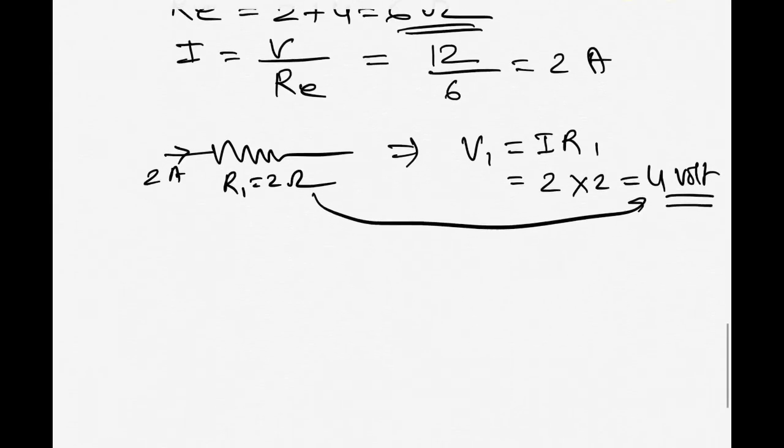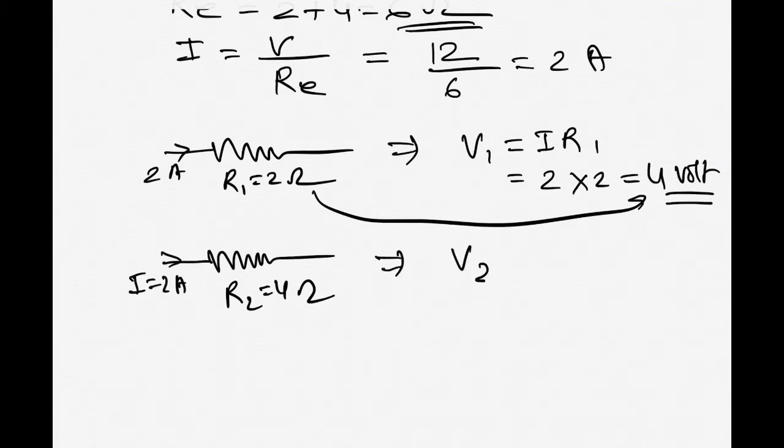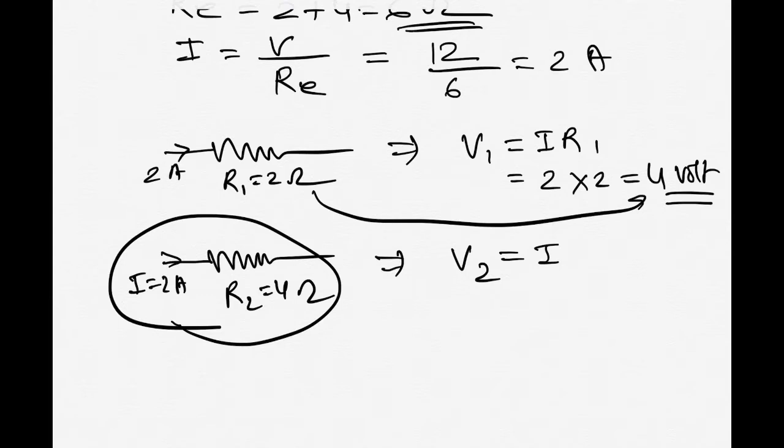Now the voltage drop across resistance R2, which is 4 ohm. Again the current is the same, 2 ampere, and V2 as per Ohm's law applied to only this resistance is I R2, so it becomes 2 into 4, 8 volts.